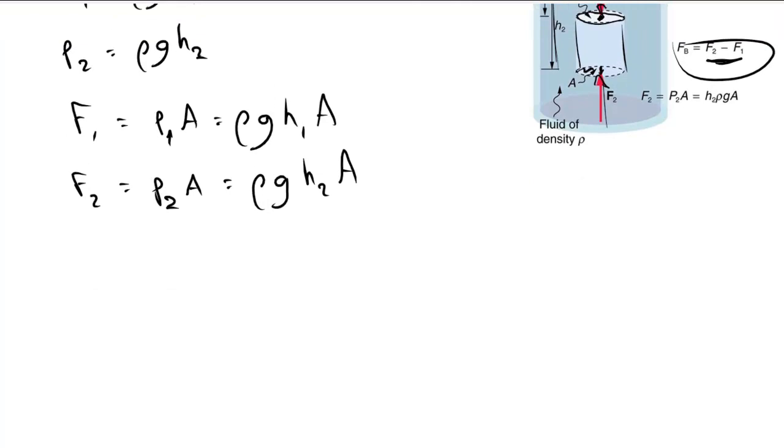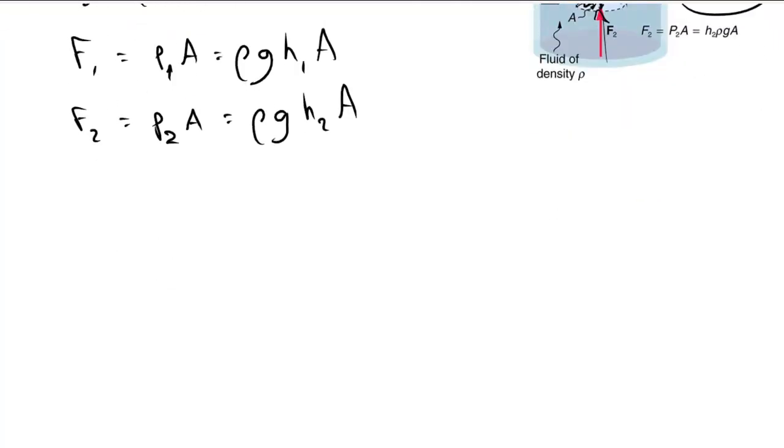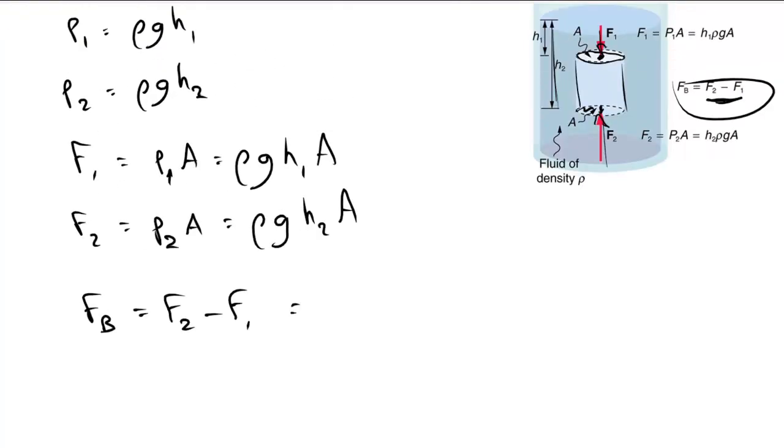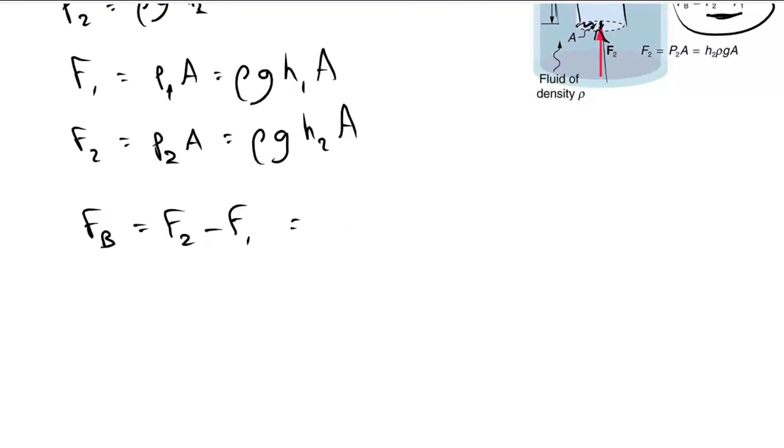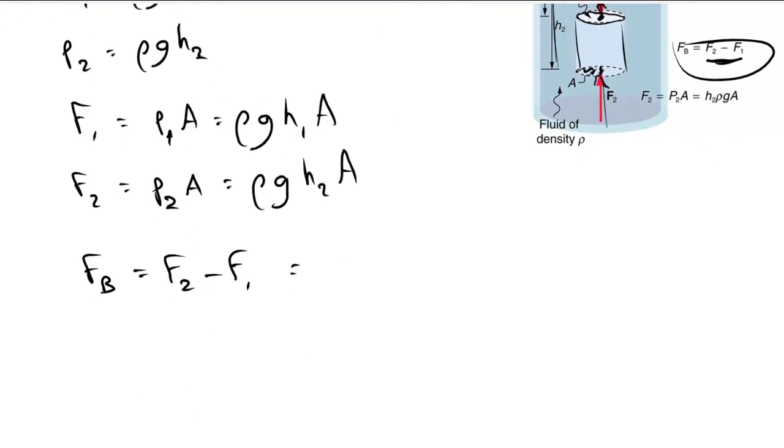And so our buoyant force, which is F2 minus F1, is the net upward force, and that's why we took the upward direction to be positive. That's why we said F2 is up. So this is going to be density times gravity times height 2 times area minus density times gravity times height 1 times area.